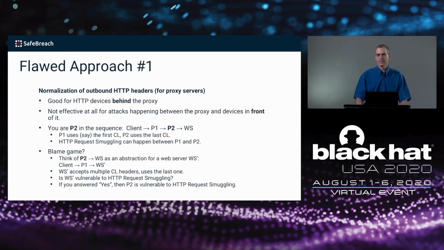Now, would you say in this case that WS prime is vulnerable to HTTP request smuggling? Because if you say yes, then obviously P2 is vulnerable to HTTP request smuggling, because the original WS can be fully 100% RFC compliant, and yet HTTP request smuggling and web cache poisoning can take place. So if you accept the premise that in such case a web server is vulnerable to HTTP request smuggling, then obviously a proxy is too.